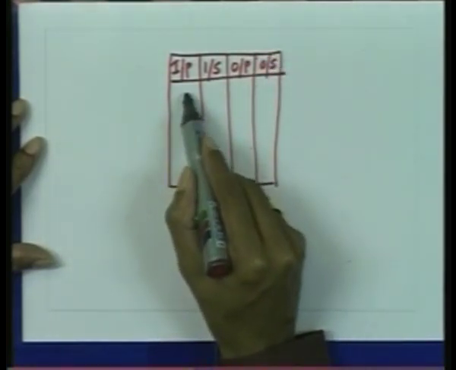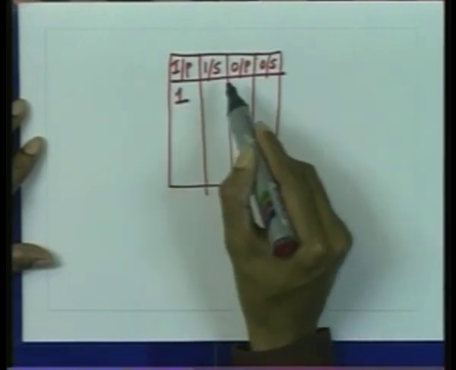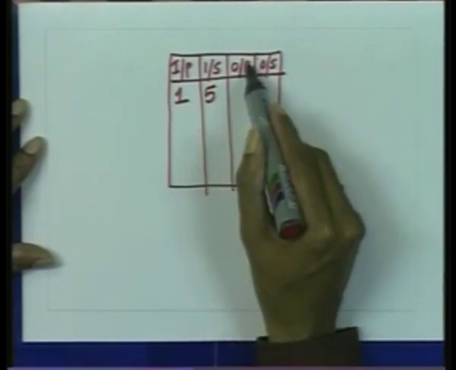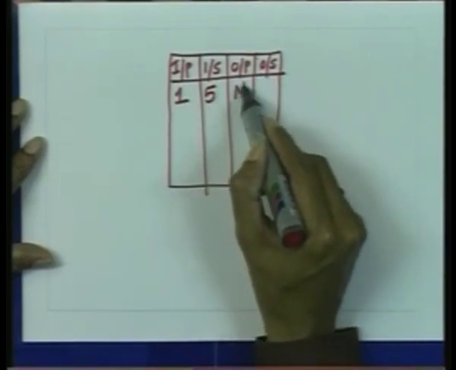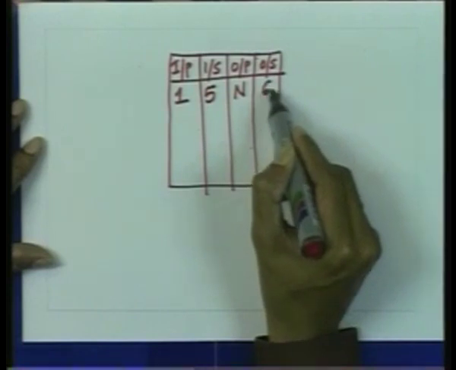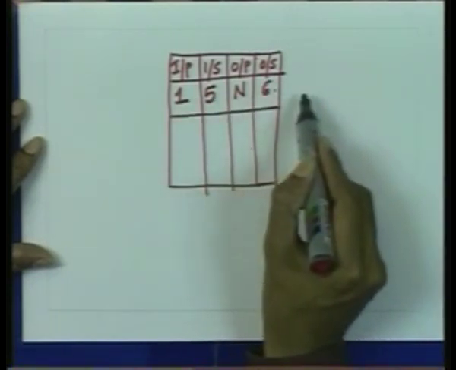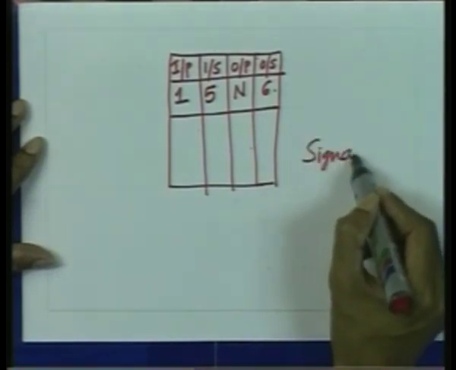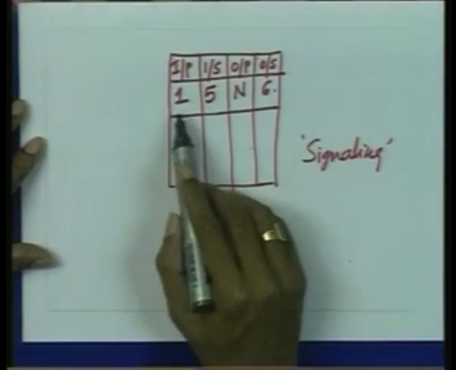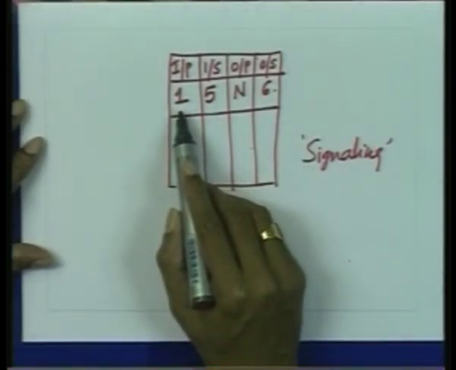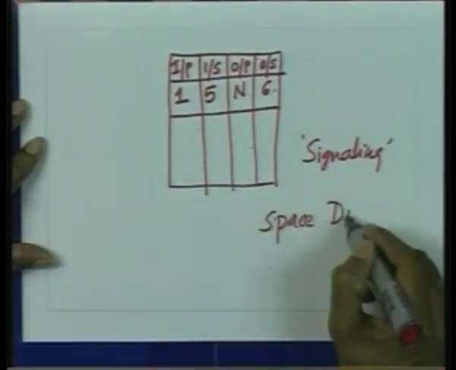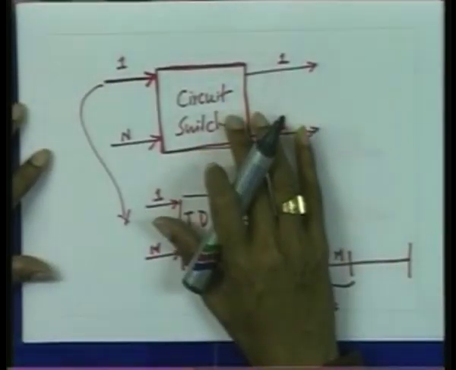That means, for an input port of 1, an input slot of, let us say, 5 may have to be switched to an output port of, let us say, n, and an output slot equal to 6. This table is built at the time of signaling, and then the users will be switched by following the principle of space division switching, which will exist here.